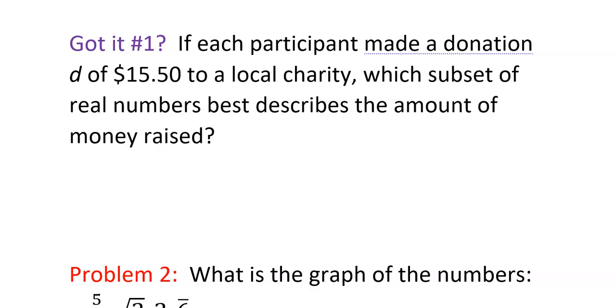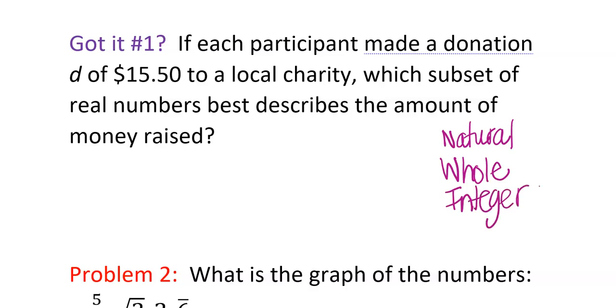If each participant made a donation D of $15.50 to a local charity, which subset of real numbers best describes the amount of money raised? So on this one, let's go through each of these sets. We have the natural numbers, the whole numbers, the integers, the rationals, and the irrationals.